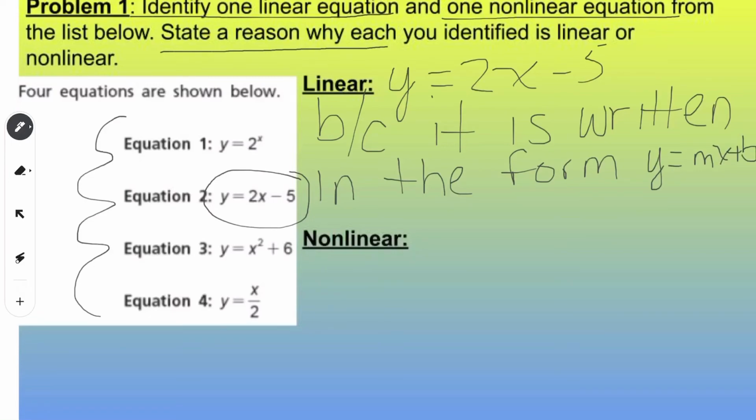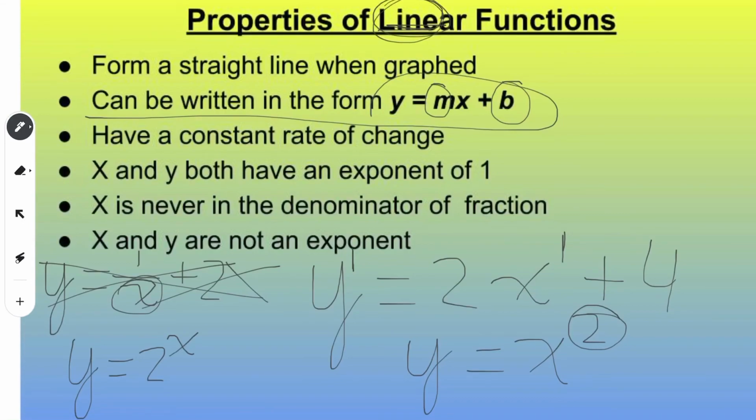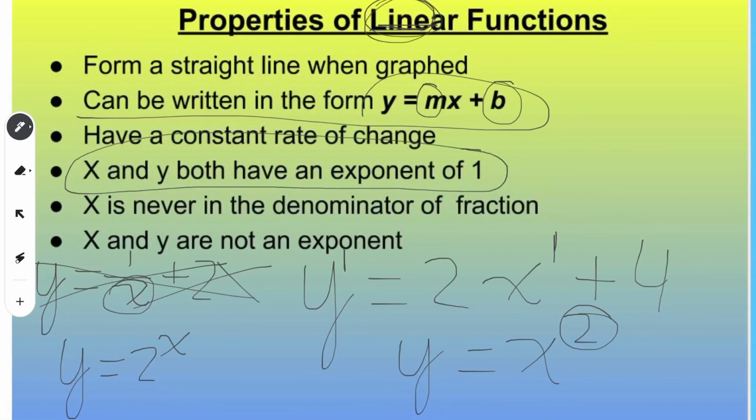All right, nonlinear equation. Let's see. I guess I can choose equation number 3, y equals x squared plus 6. I'm going to go back to my list of properties and I'm going to choose x and y both have an exponent of 1 as my justification.